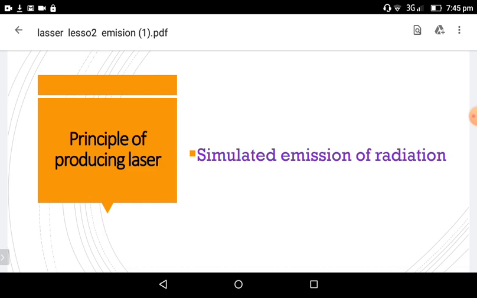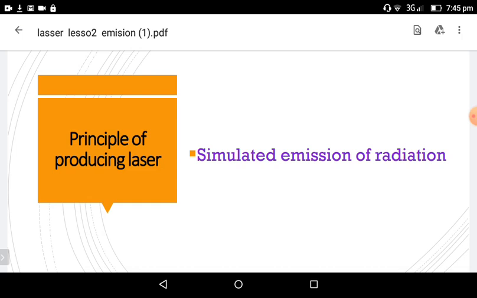Then we should know how this laser is emitted. What is the principle behind the production of laser? Today's topic is the principle behind producing the laser.